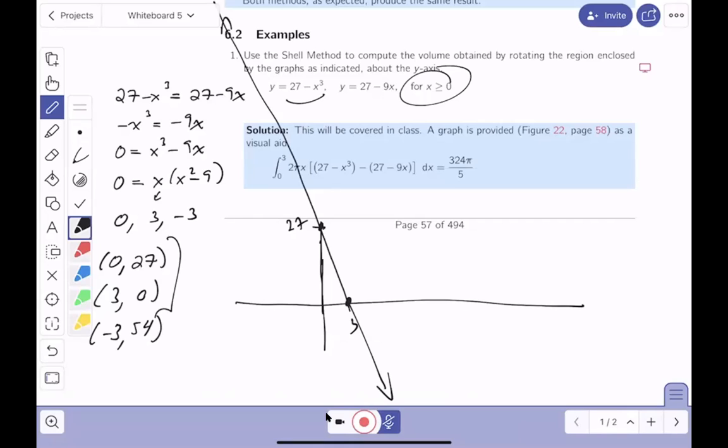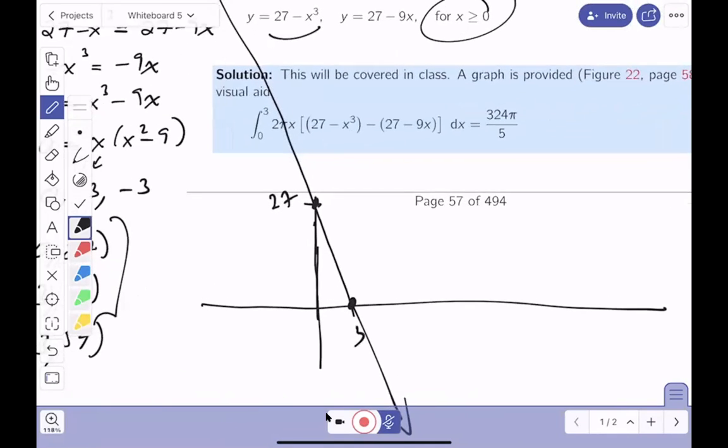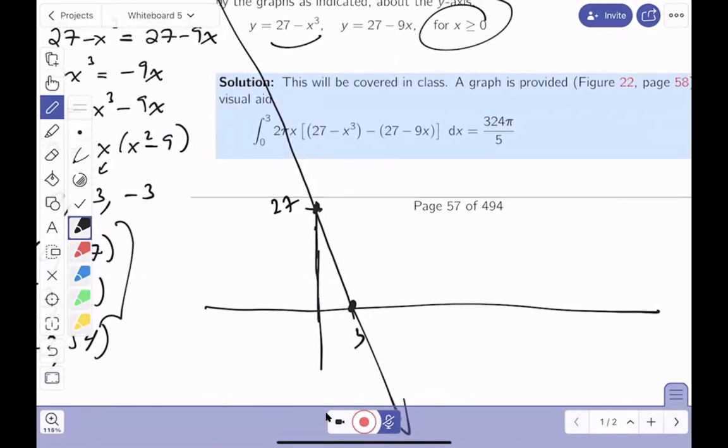And I got to put the cubic in, right? Boy, that's going to be a lot of work, isn't it? Let's take a look at that. I got to maybe blow this up a little bit. And let me talk about the number 1. What would 1 give you? If x is 1, what would the y be? It would be 26, right?